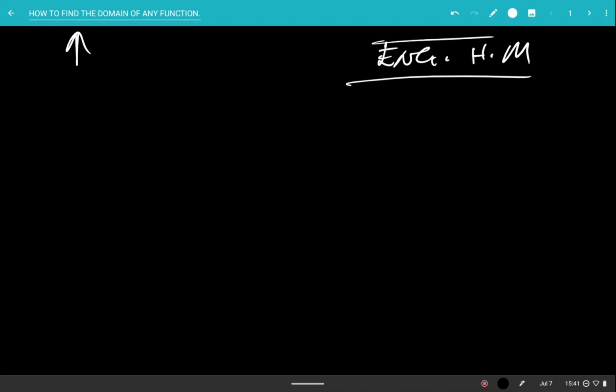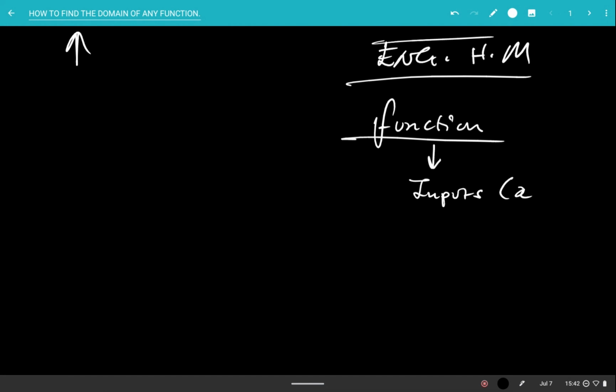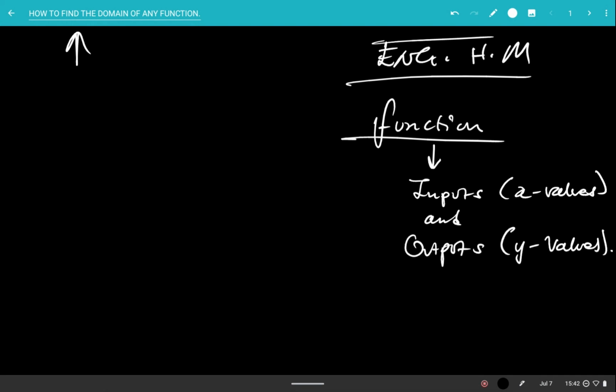Now, we need to understand firstly that a function is defined to be a set that contains inputs, which are the x values, and outputs. The outputs are regarded to be the y values.